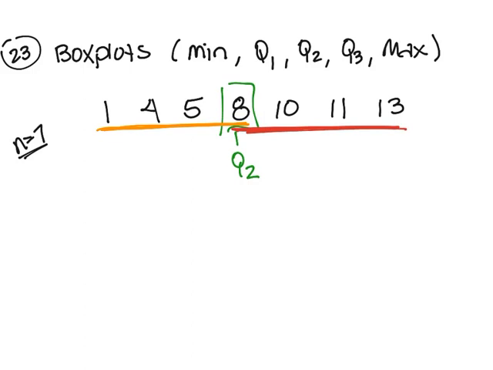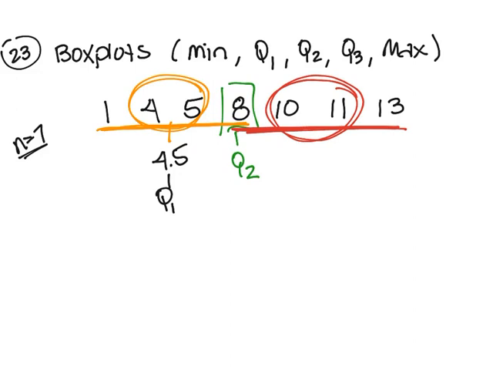Does that make sense? So when you look at the lower end, you're going to have 4 and 5 in the middle, and you're going to add it up and divide by 2, right? And that's going to give me 4.5, which is your Q1. Does it make sense? You find the average. Then on the Q3 side, you're going to have 10 and 11 in the middle.